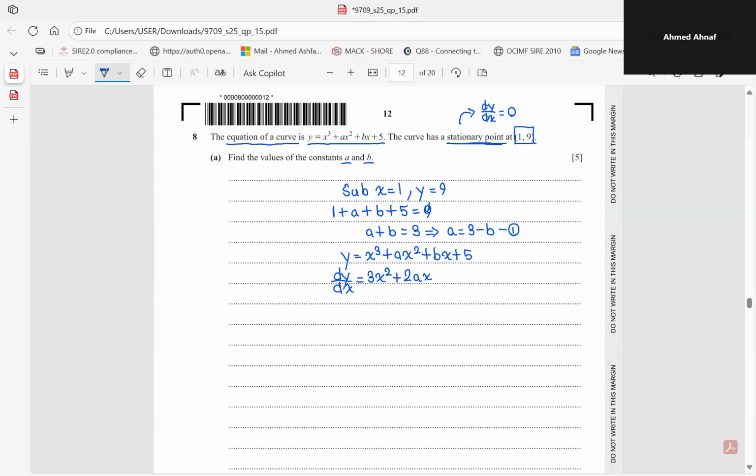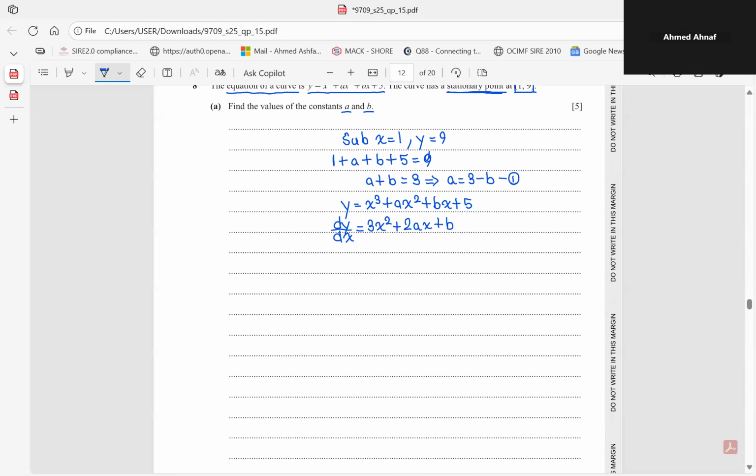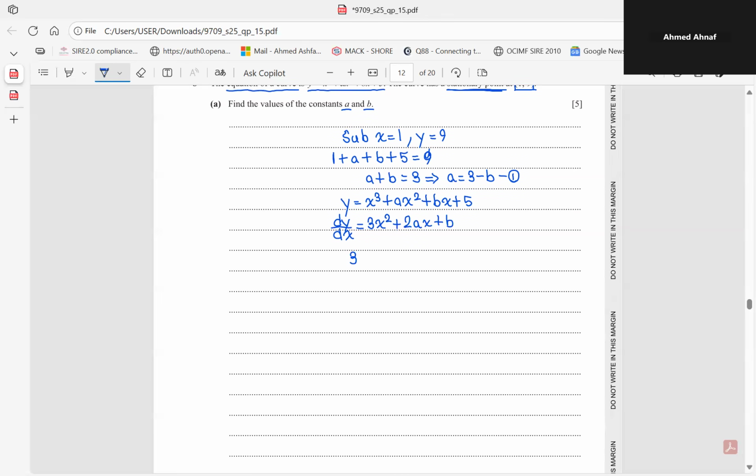And then for bx, keep the b since it's a constant and differentiate x only, so you just get 1. And then plus 5, the derivative of 5, which is just 0 because it's a constant. Okay, now let's equate dy dx to 0.